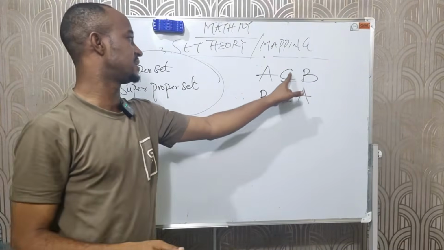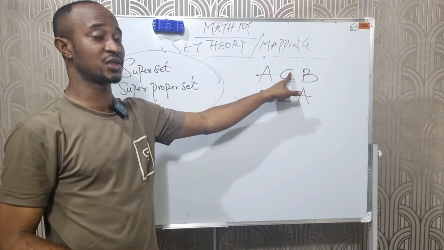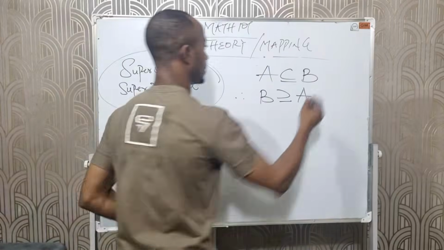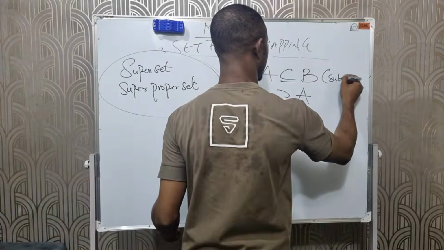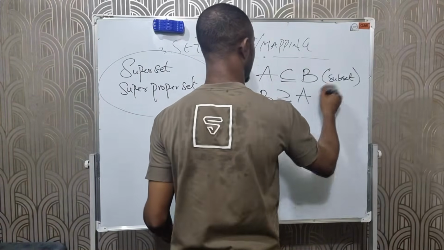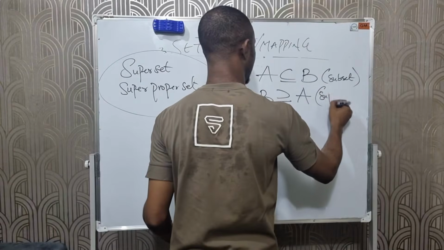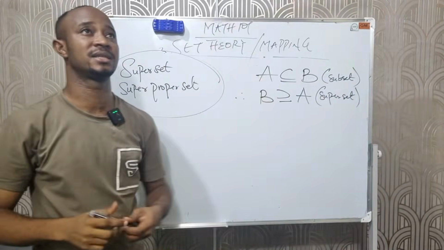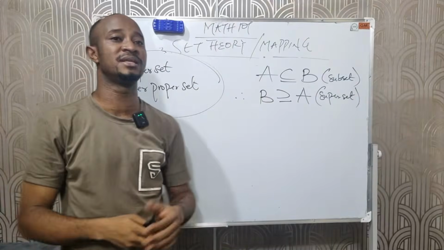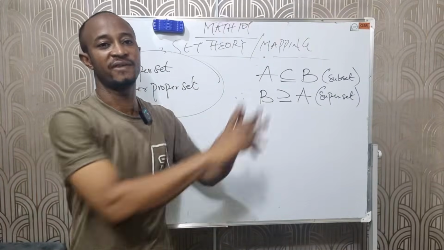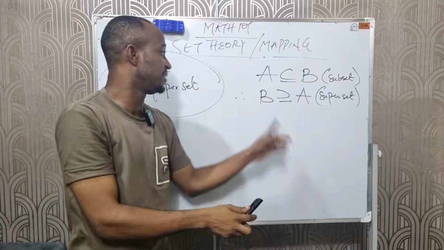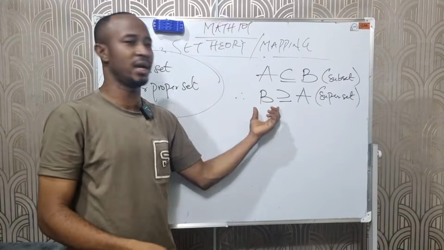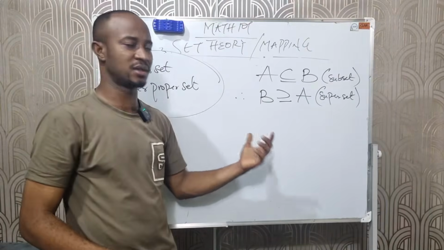If this is subset, it becomes a superset. A superset simply means a set that contains every element in A. If B is a superset of A, that means every element in A is found where? In B. Do you get the concept?